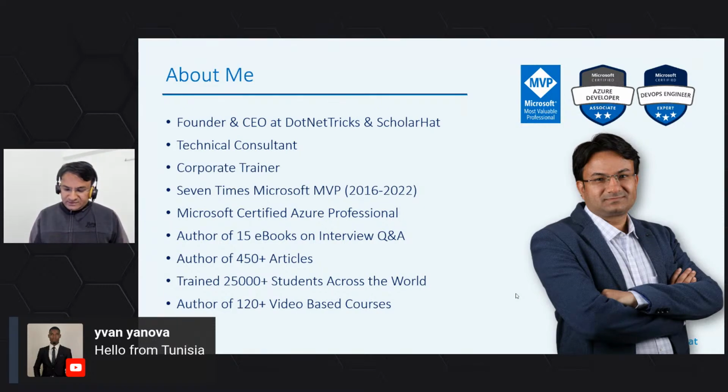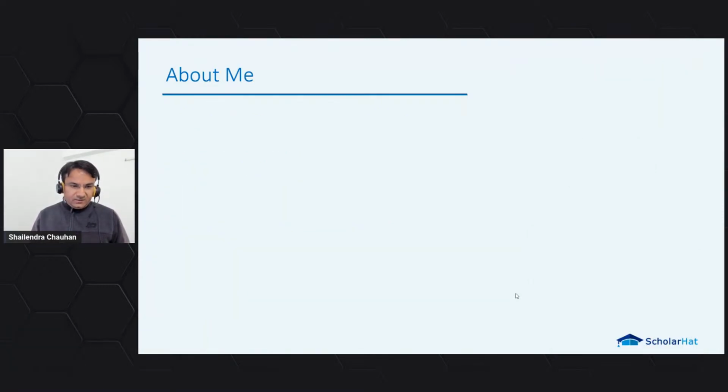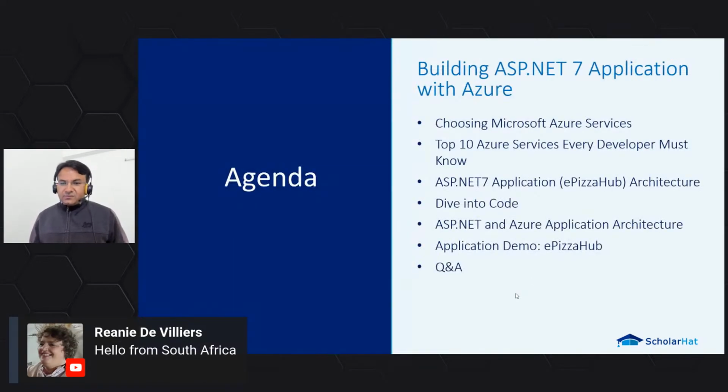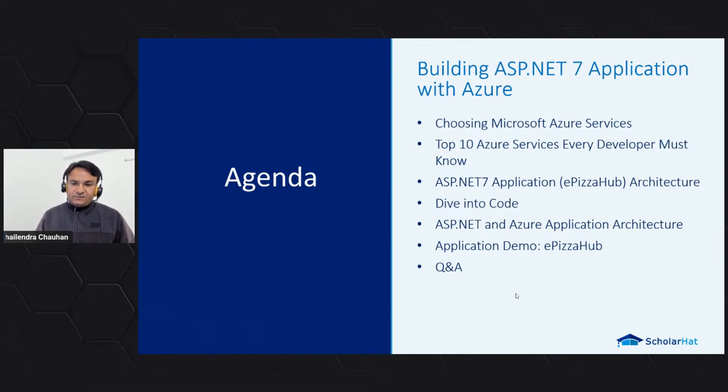So let's jump to the agenda of today's session. We will discuss how you can decide on the various Microsoft Azure services whenever you are going to integrate your ASP.NET Core application with Microsoft Azure. I will also tell you the top 10 Microsoft Azure services every developer must know.